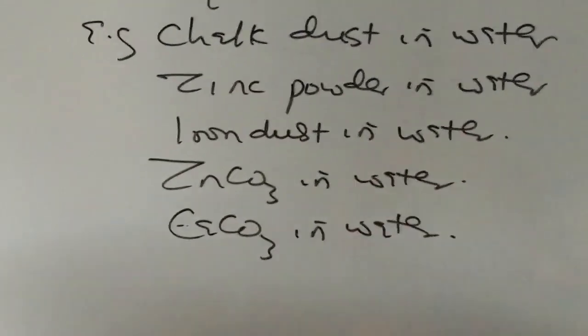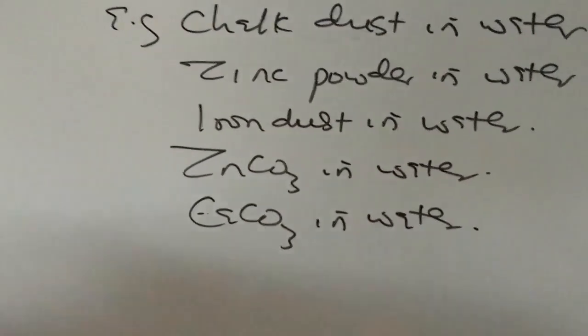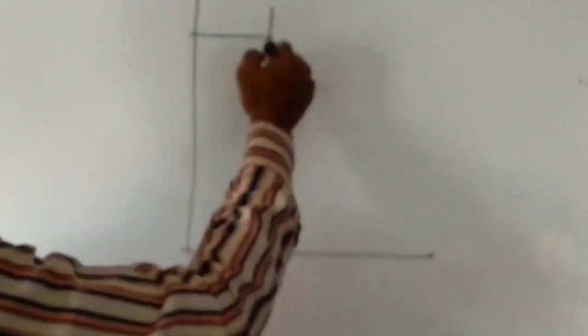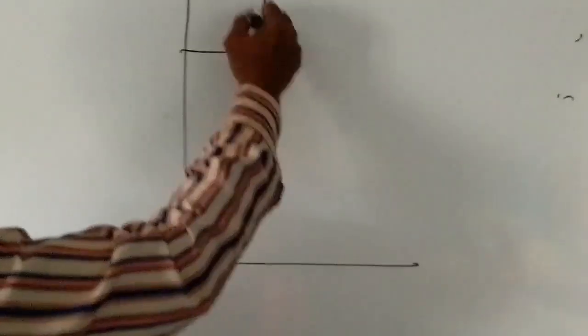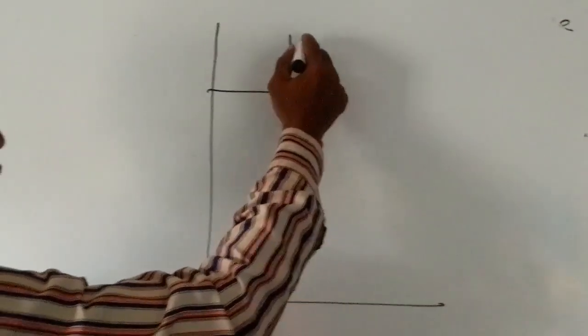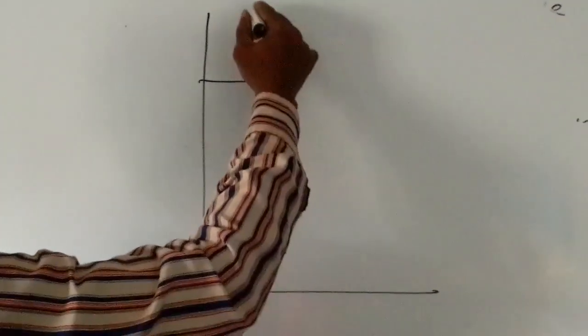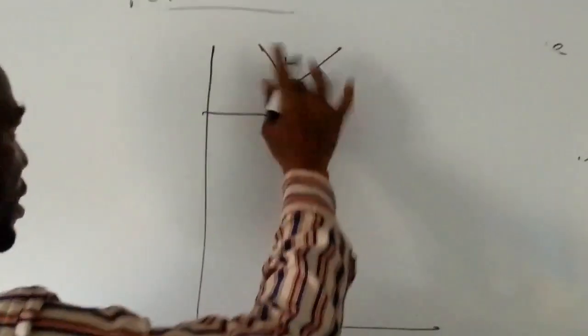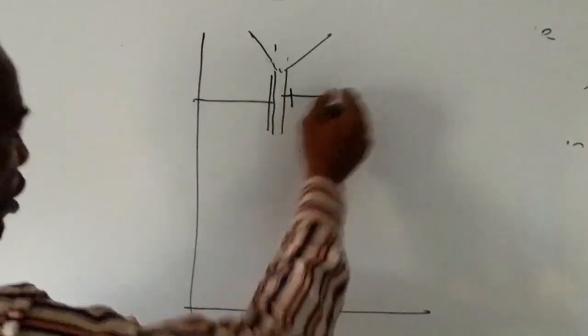So when you want to filter, there are certain things we do. We'll look at the diagram for filtration. You bring a filter stand, with a clamp on it, and you suspend a filter funnel. We screw the clamp to the filter funnel to tighten it as a support for the funnel.